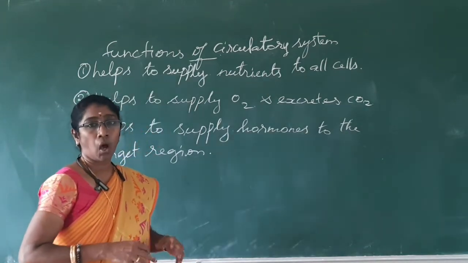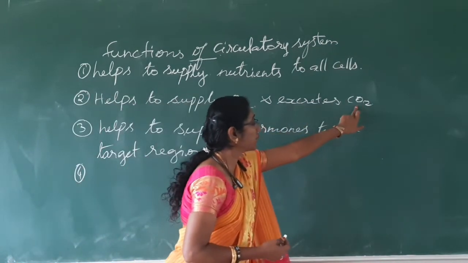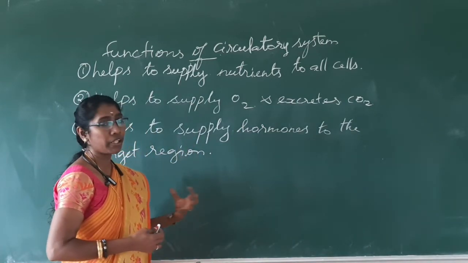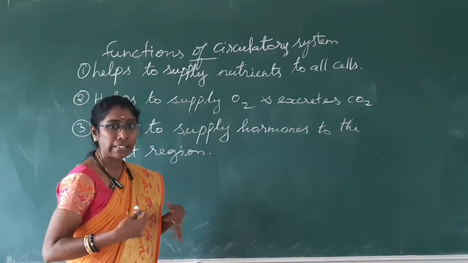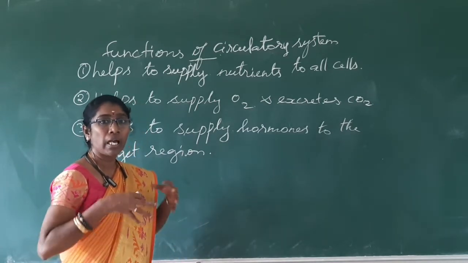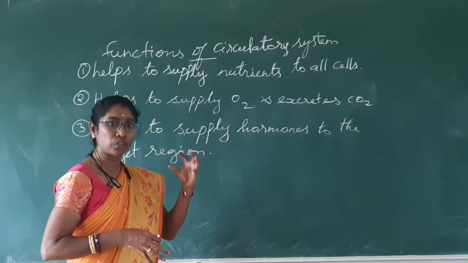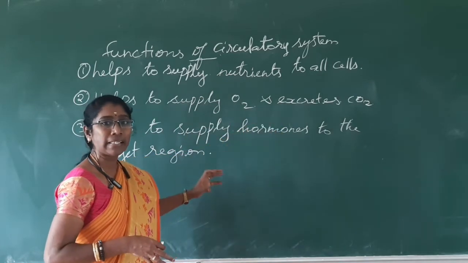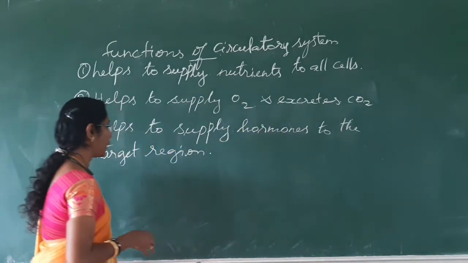Next, all kinds of excretory waste, not only the gaseous waste, CO2 alone, is collected from the body into the blood, but all kinds of excretory waste should be removed from the body. That excretory waste is also collected by this circulatory system only, and it helps the excretory system to excrete all the waste materials.